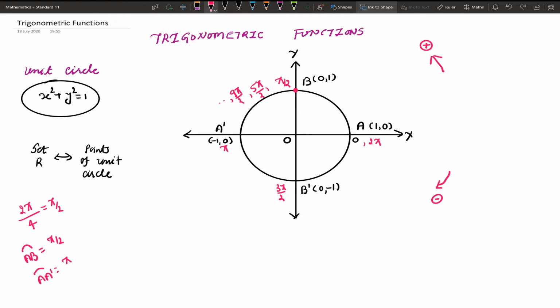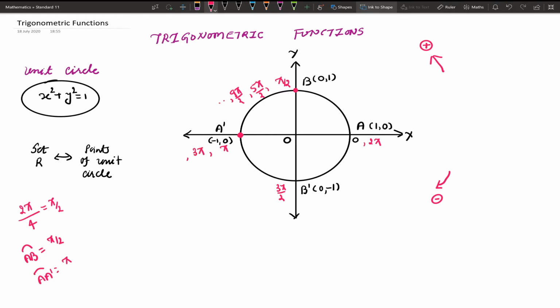Again, for real number pi, corresponding point of unit circle is A prime. So from A prime, if we complete one round anti-clockwise and again we reach A prime, then travel distance is pi plus 2 pi. In another word, we will say that real number 3 pi is related to point A prime of unit circle.